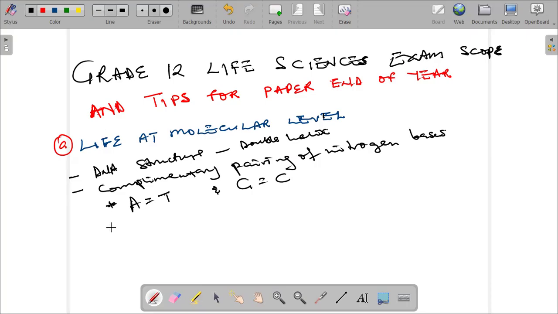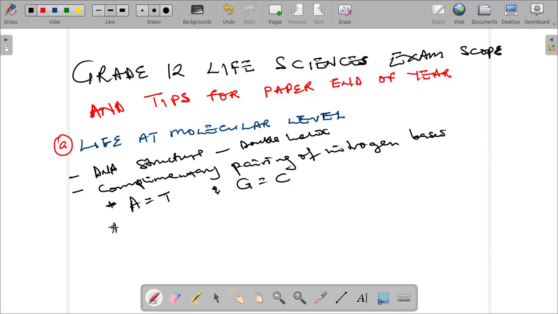Please note that there are questions which come in multiple choice where you are asked to calculate the total number of any of the nitrogen bases. You will be given the number of some of the nitrogen bases. Let's say, for example, you are told that A has this number and G has this number.